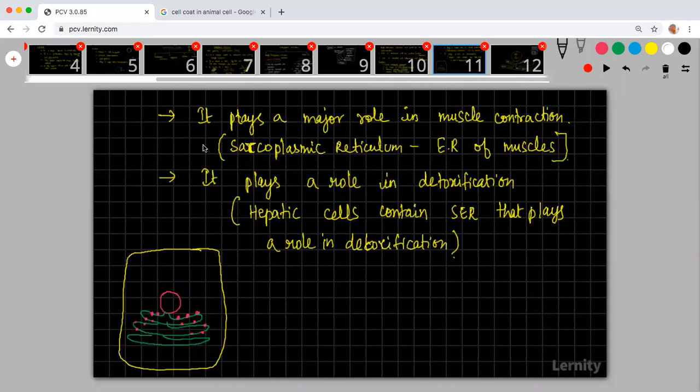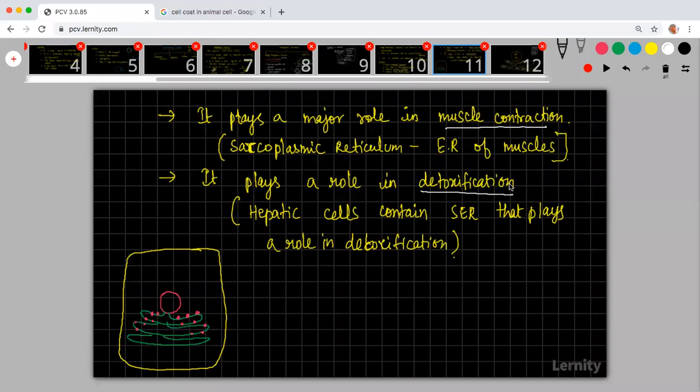And then finally, it will be playing an important role in muscle contraction. And it is also important for detoxification. With this, the endoplasmic reticulum is over. I am talking mostly about the endoplasmic reticulum together.